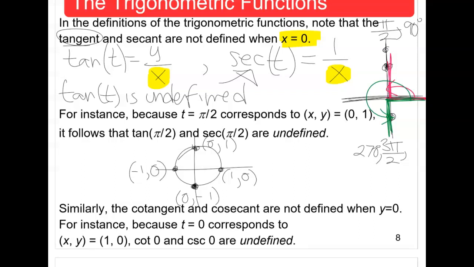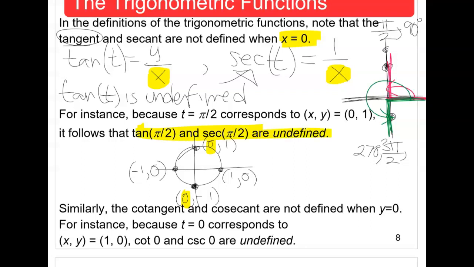So based on that, you could determine which ones, if x is equal to 0, then you know that tangent and secant will be undefined.